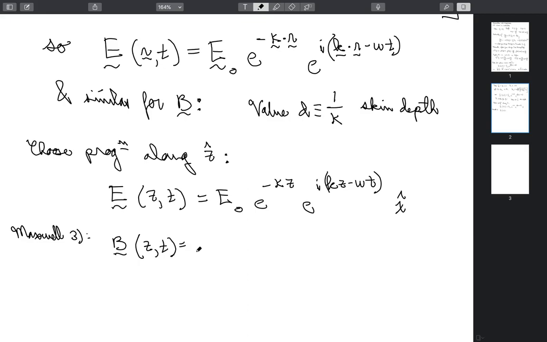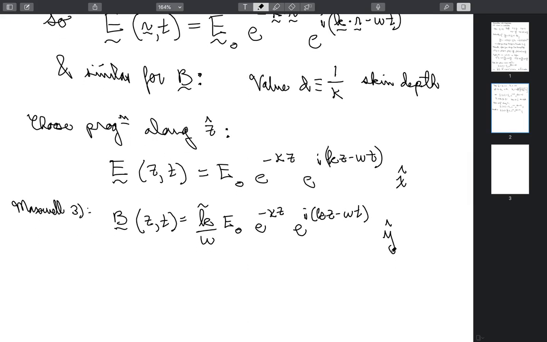This is just going to be k twiddle divided by omega E0 e to the minus kappa z, and then the same oscillating factor e to the i kz minus omega t. Now in the y hat direction.